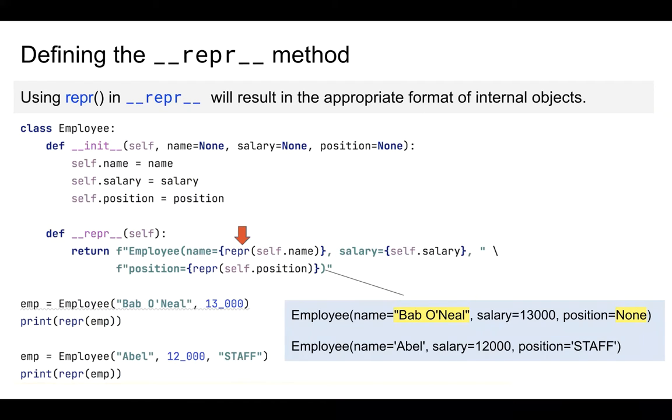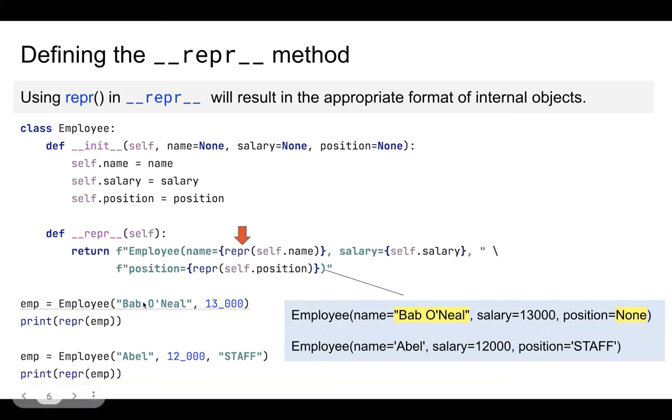Sometimes your string has special characters in it. Here I have an apostrophe in it, or maybe a new line character in it. It may generate errors if you don't get the representation of that string to include all the special characters.